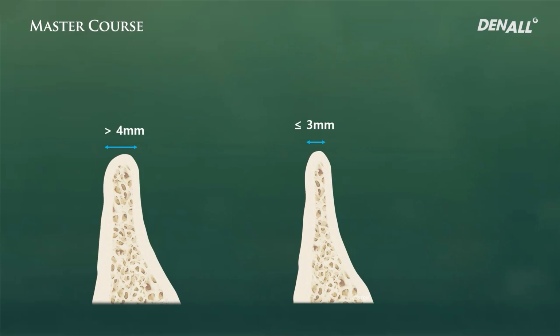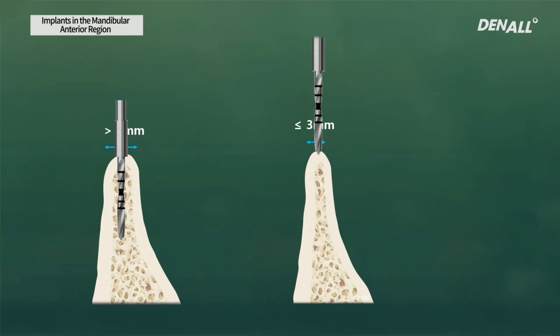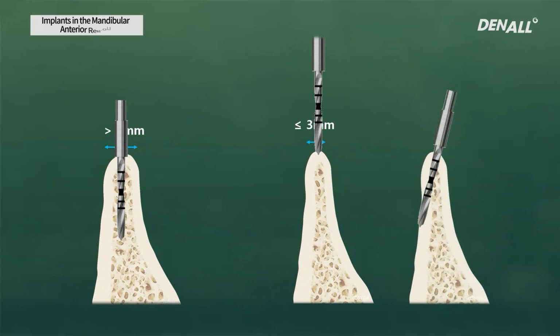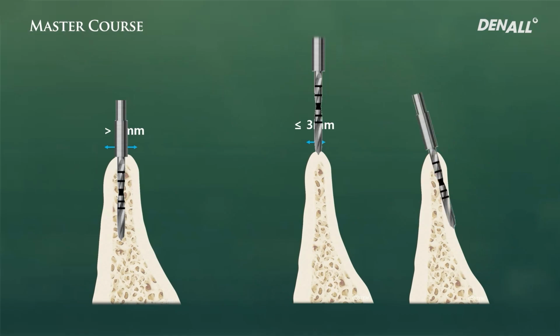If the ridge width is wide, we can drill into the position that we want, no problem. If the ridge is narrow, during drilling, it can go to an unwanted direction, lingually or buccally. How can we control the direction?